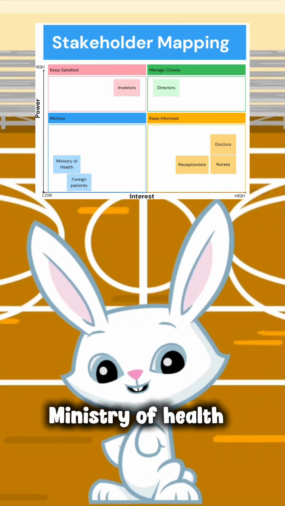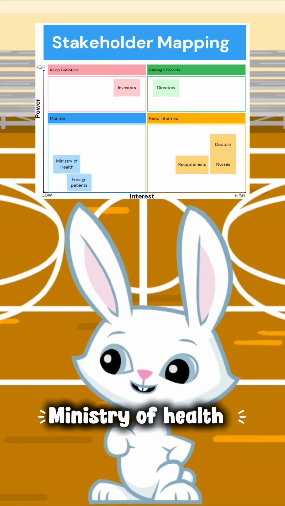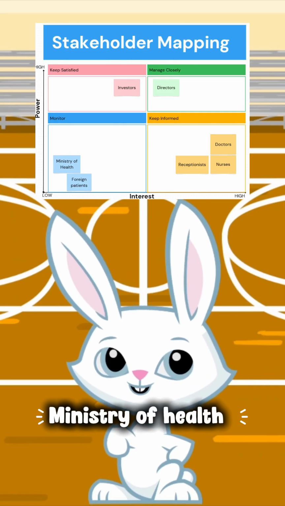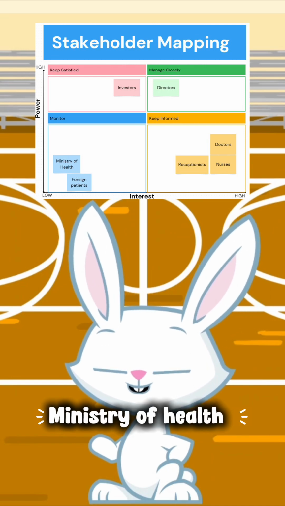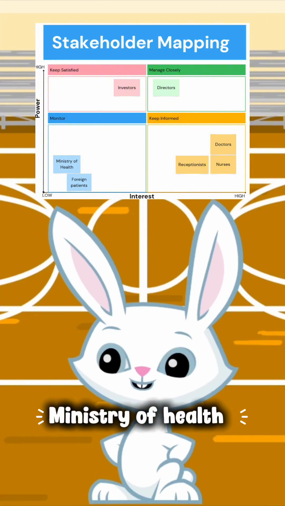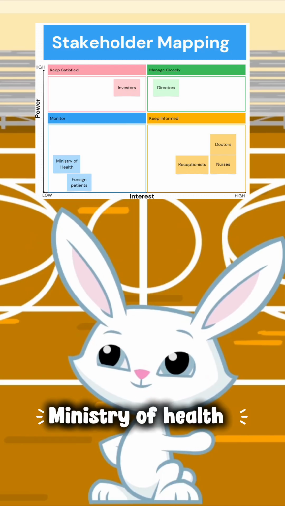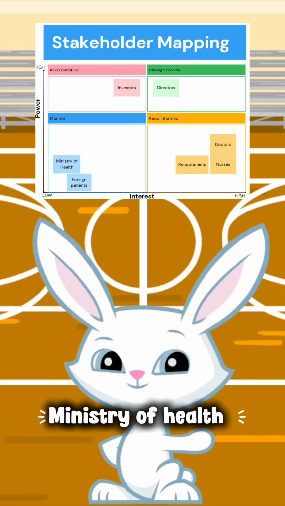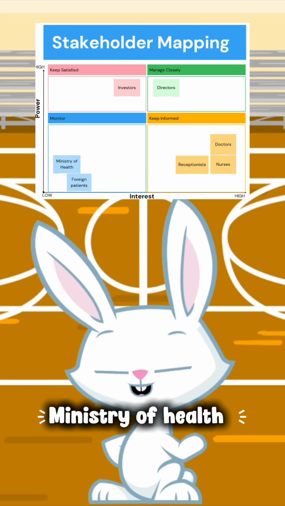Ministry of Health, monitor. The Ministry of Health is placed in the monitor quadrant because in this specific project it has regulatory power but no direct involvement in daily operations. However, its interest is not constant unless compliance issues arise. Relation with objectives: objective 3, establish a multilingual communication policy.